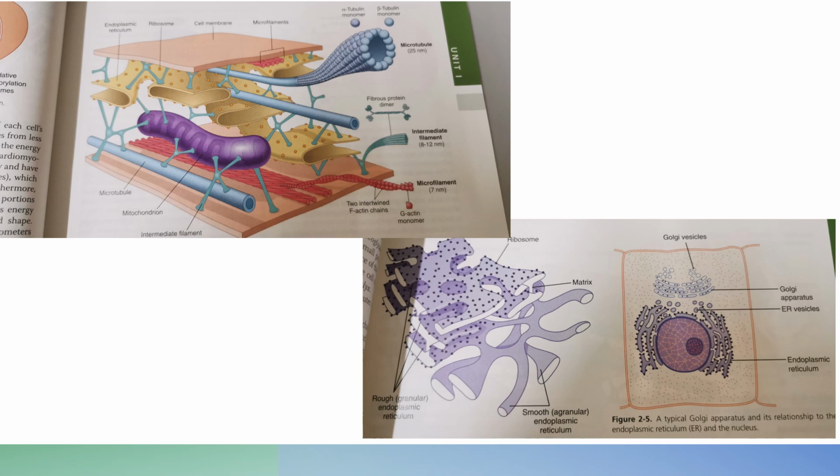In the bottom picture on the right-hand side, you can see that normally on two sides of the nucleus there will be this Golgi apparatus, and the ER is connected to it. You can see the Golgi on the bottom left picture is a set of tunnels.